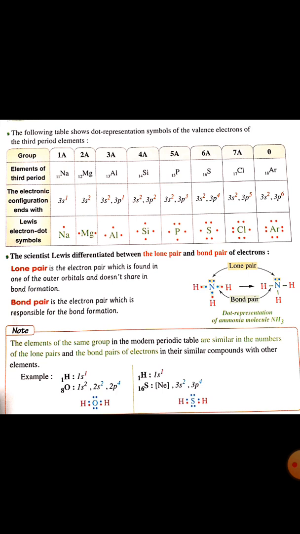While lone pairs are the electron pairs which are found freely, without any bond, as you can see here. So in the case of the ammonia molecule, we have three bond pairs of electrons, while just one lone pair of electrons.